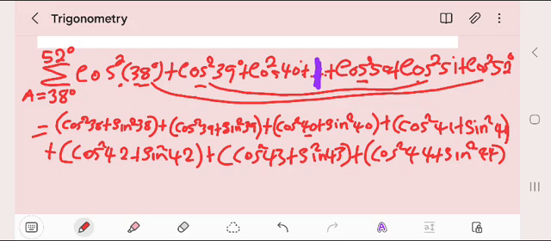But the middle term is what? You'll see plus cos squared 45. Remember, I've said here will be 45. That will be what? Our last.